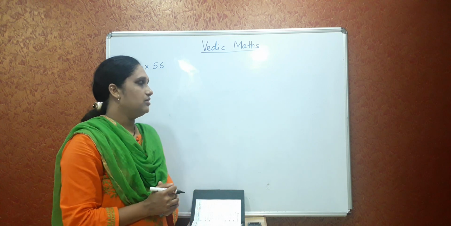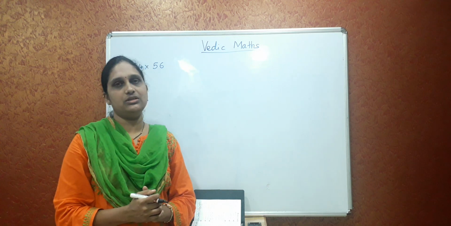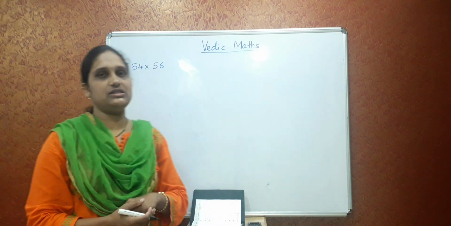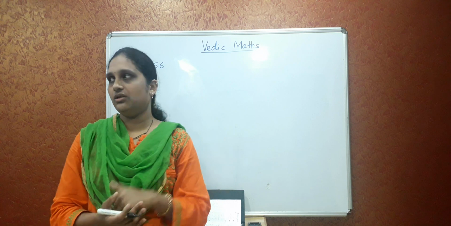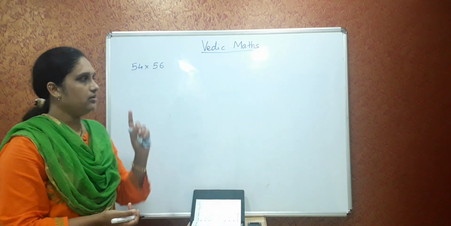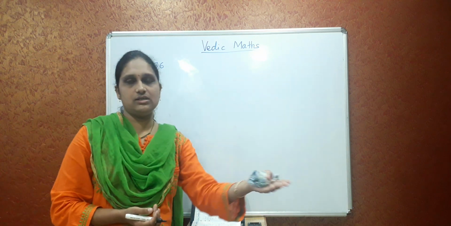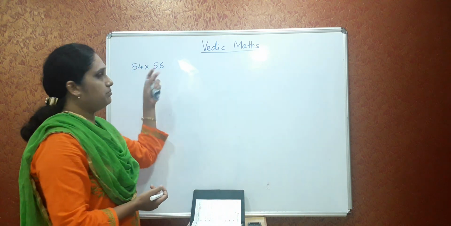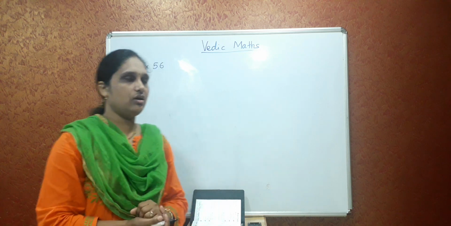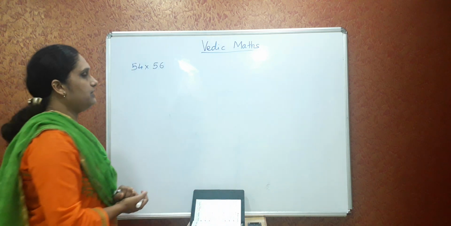So there is one more method of doing the multiplication. I'll write the numbers 54 and 56. Here also you can use the same method, but with base 100, these two numbers are hard to subtract within a second. So for this, we'll see one more method now.